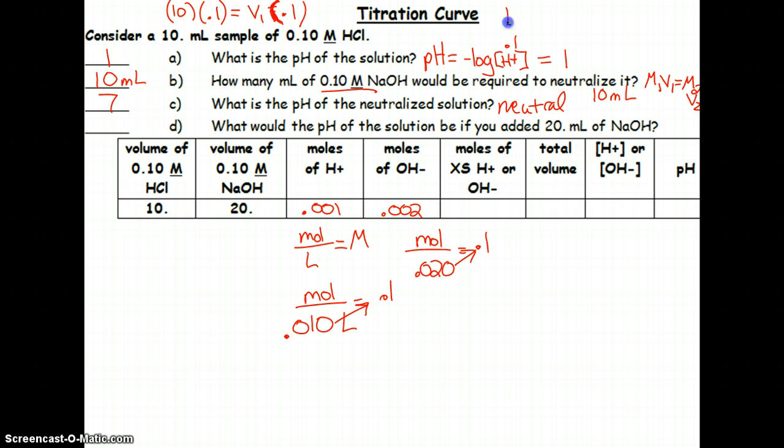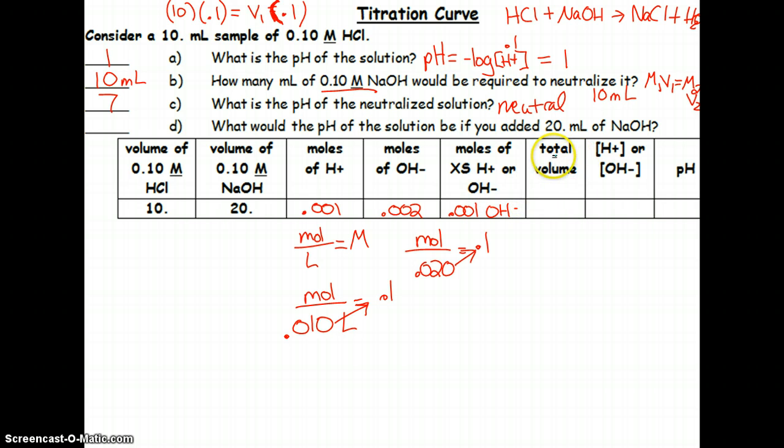Since HCl and NaOH are in a 1-to-1 ratio when they react to make NaCl and H2O, no converting is needed as far as mole ratios. We can just look at these directly. So we're going to have 0.001 excess of the OH.